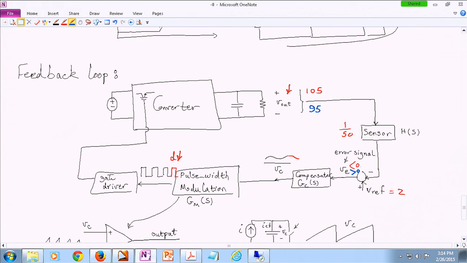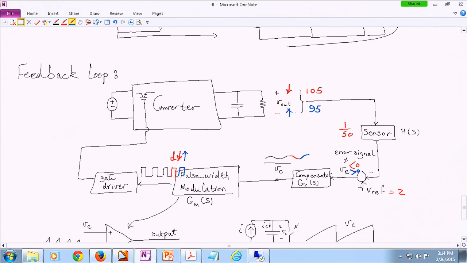The compensation block sees this positive error and tends to increase its output voltage. Again, it acts like an integration block. So the level of the signal rises, the duty cycle increases, therefore the output voltage increases.